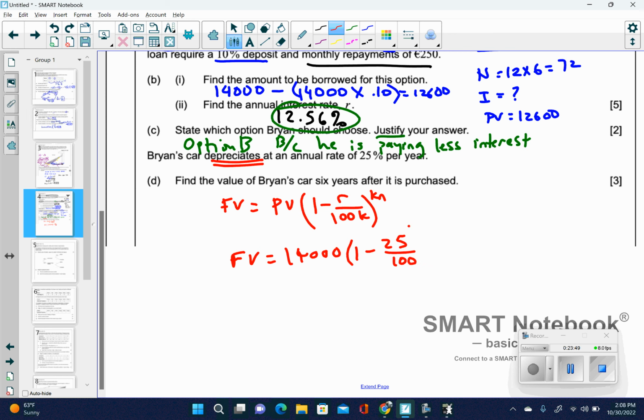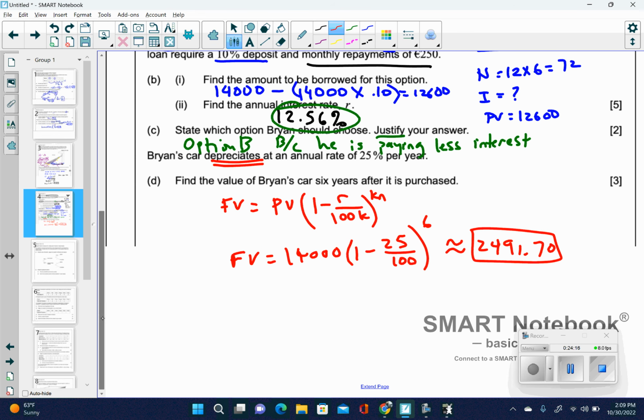Doesn't say that it's being compounded anything, so we're just going to leave that k as 1. And we're looking for 6 years after it's purchased, so that is our n. So our n is 6. So you take this whole thing, plug it into the calculator, and that is about 2491.70. Okay, so that is our final answer for part D.